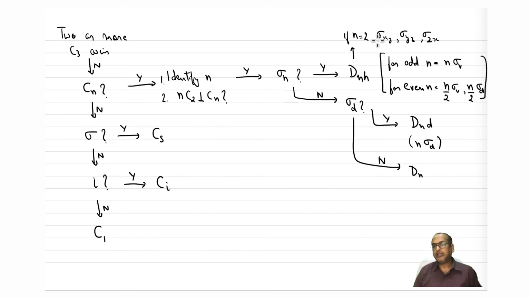So the easier way is to call the C2 axes C2z, C2y, C2x, and the planes sigma xy, sigma yz, sigma zx, instead of calling them sigma h and sigma v's. Okay, so that helps, but this is only for the D2h case where n is equal to 2.